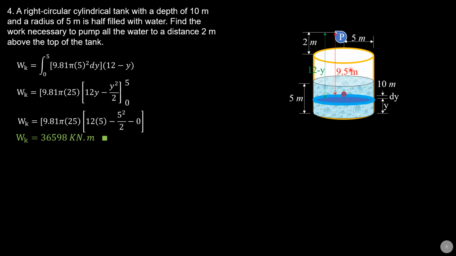So 9.5 is equal to 2 plus 10, 12, minus half of 5, which is 2.5, and that's 9.5. Work therefore is 9.81 times pi times 5 squared times 5 times 9.5. And calculating, that's also 36,598 kilonewton meters. So that's it for this video.